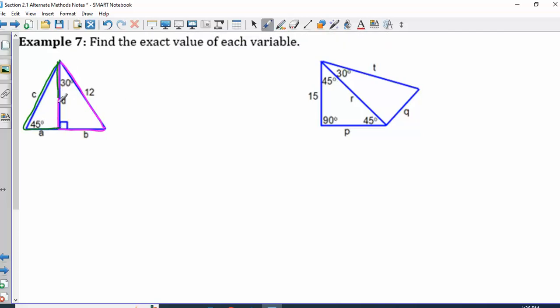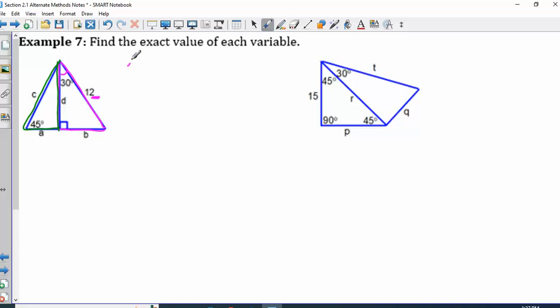Okay, I am going to start with my pink triangle because I did give you one side measurement in that. We have to use our angle to help us here. So this is 30 degrees. If I want to find side B, B is across from that. Is that opposite, adjacent, or hypotenuse? Opposite. And 12 is the hypotenuse. Which trig function involves opposite and hypotenuse?